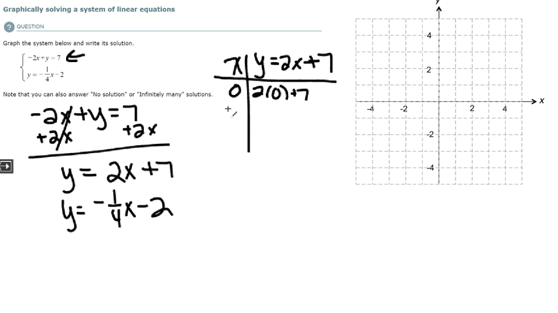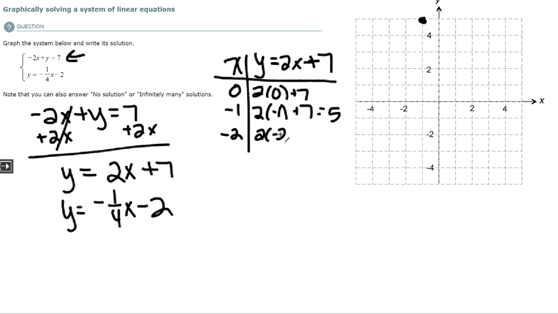I'm going to try negative 1 because that gives me 2 times negative 1 plus 7. So this is negative 2 plus 7, which is 5. So this one I can plot. Negative 1, 5. And I'm going to choose negative 2 next.